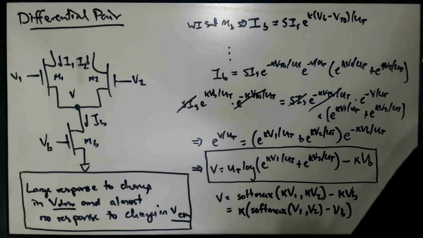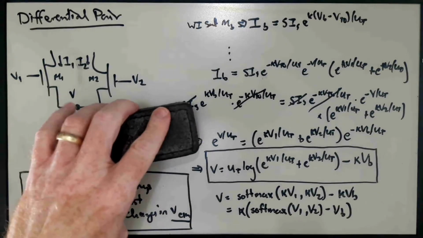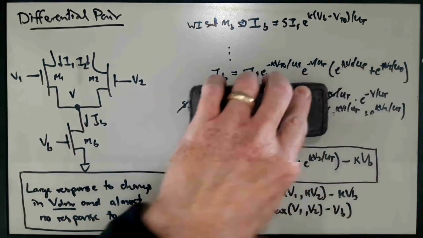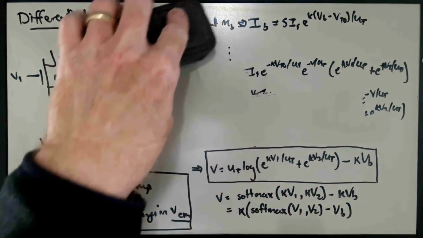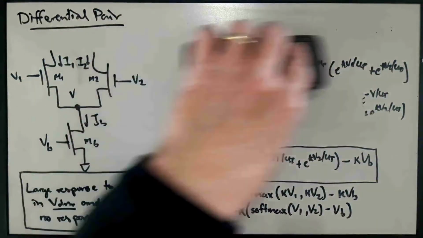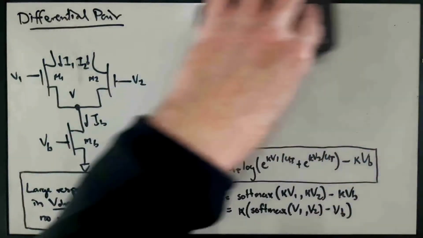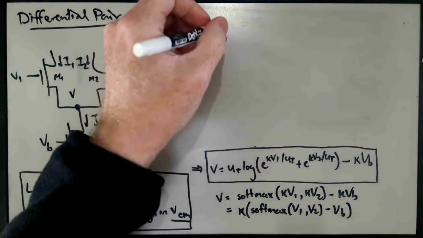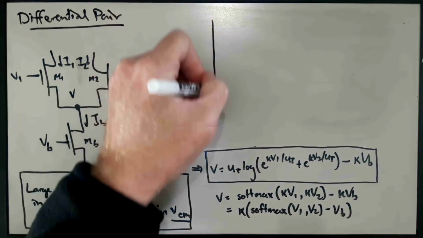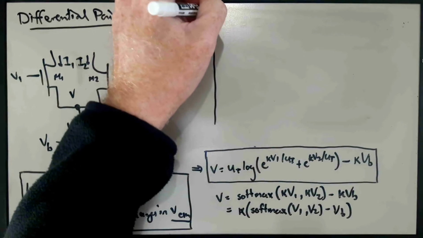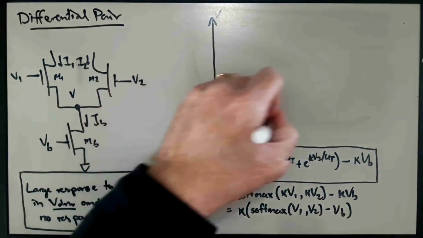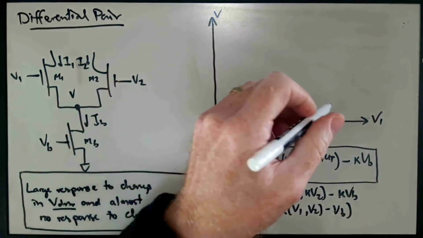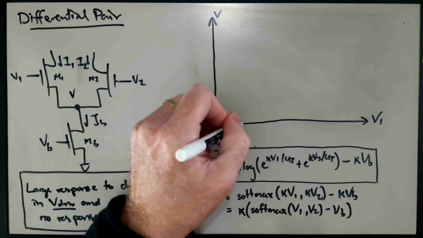So how does this thing behave? Well, let's make a sketch of V as a function of, let's say, V1. And we'll say that VB might be down here.